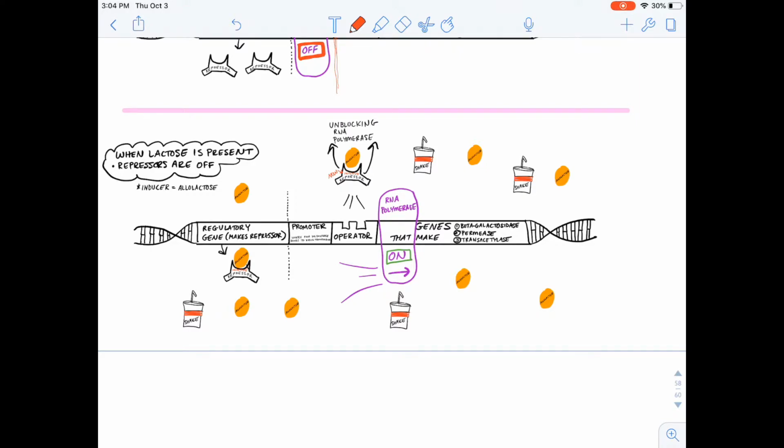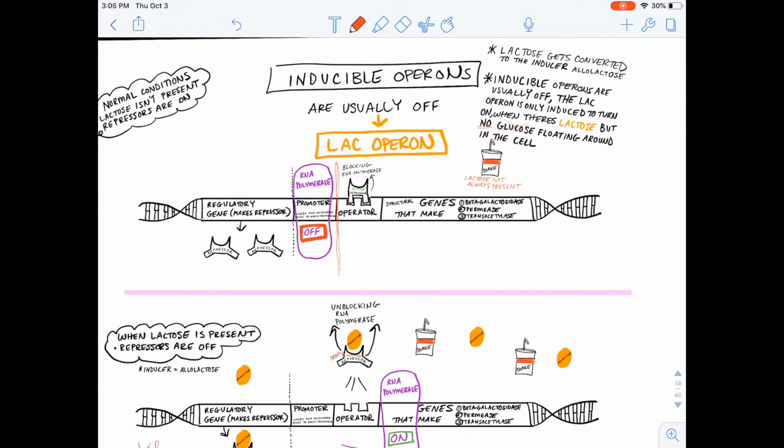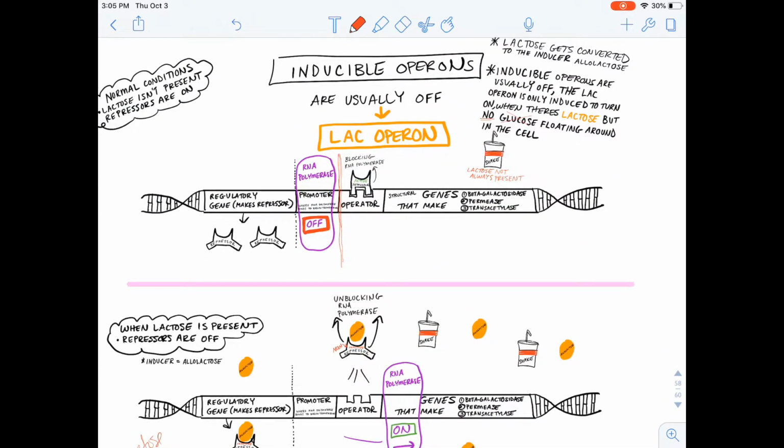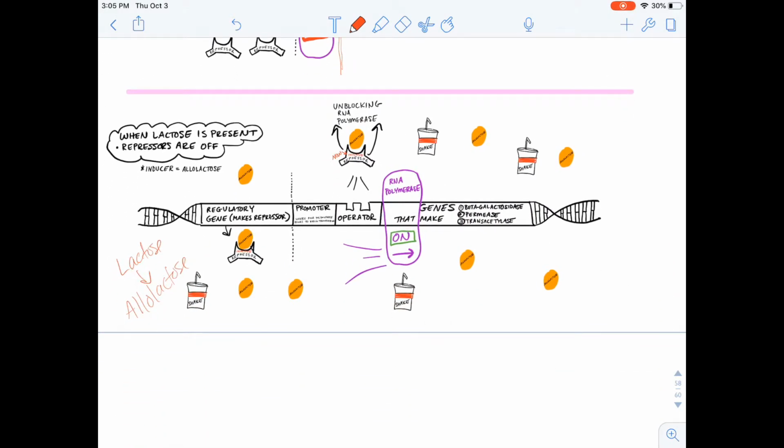So when lactose is present, it turns into this form somehow, I don't know the details on that, called allolactose. And in the case of an inducible operon, we don't have a co-repressor, because that is for the repressible operon. We have an inducer. So in this case, the inducer is the allolactose.